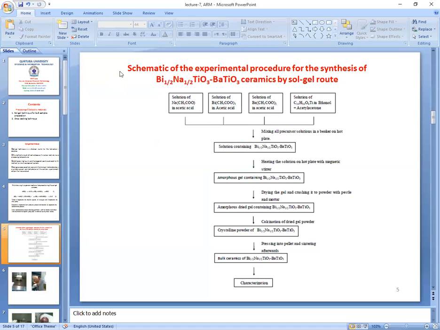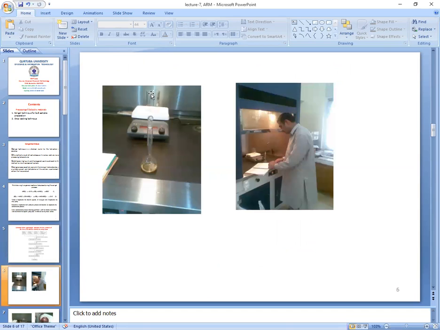In fact, for the complex composition we have bismuth, sodium and barium on the A side and titanium on the B side of the perovskite structure, so we need solutions for bismuth, sodium and barium. For only barium titanate, we use just two solutions: barium acetate solution and titanium butoxide.